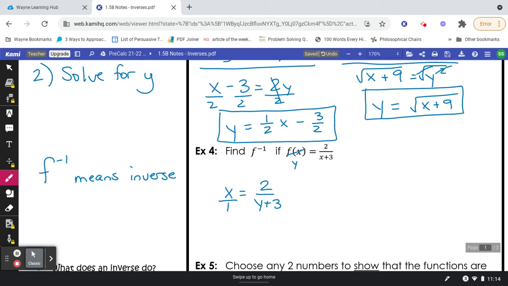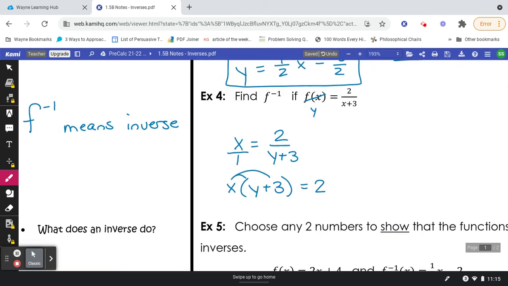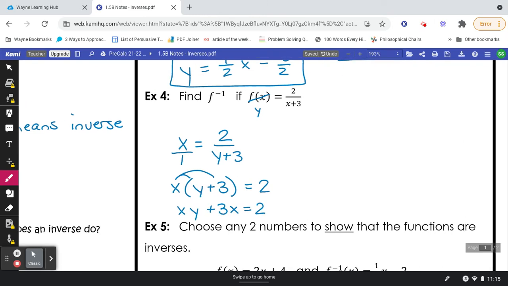So I'll get x times y plus 3, and I'll set that equal to 2. Then from here, maybe we distribute. Xy plus 3x equals 2. Bring that up over here, continue working.